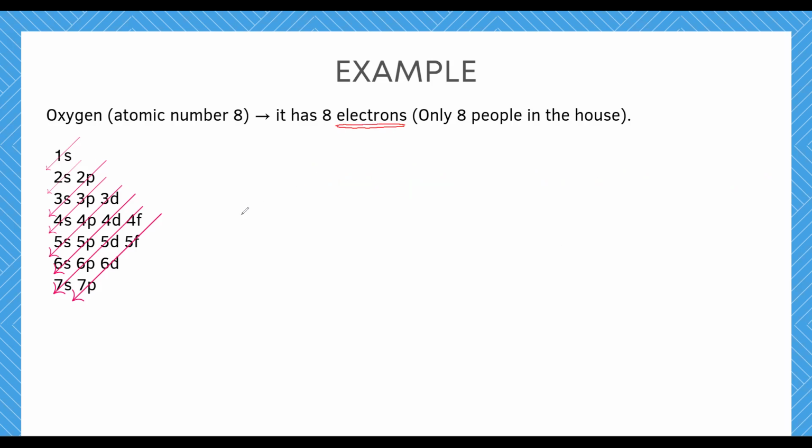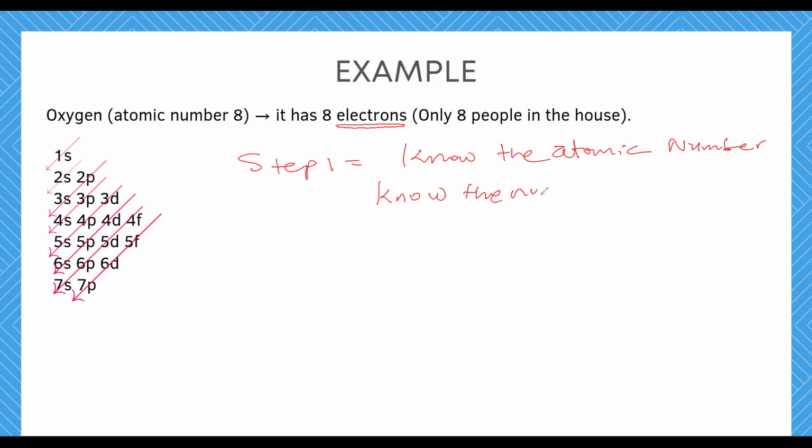So when you are asked to write the electronic configuration, step number 1, know the atomic number. When we say know the atomic number, what we mean is know the number of electrons present.